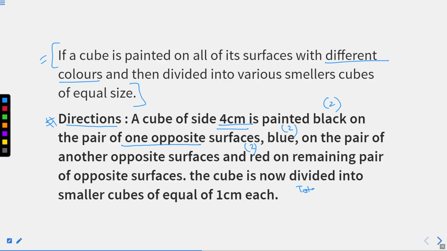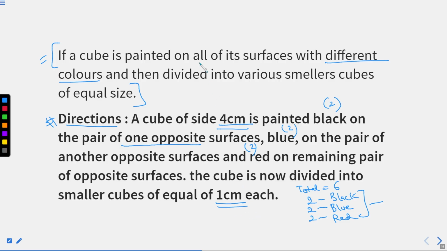Total how many surfaces are there? 6. 2 are painted black, 2 blue and 2 red. They are divided into smaller cubes with 1 centimeter sides.